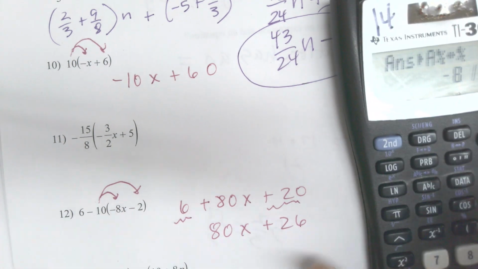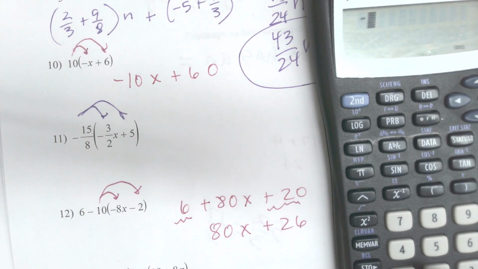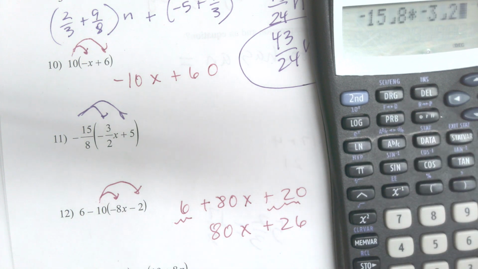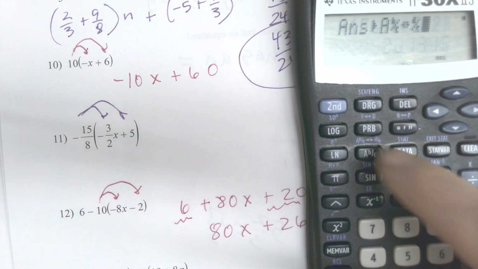Likewise, when I'm distributing, not a big deal. I distribute here, so I'm going to do -15/8 times -3/2, 2 13/16. Again, I'll convert.